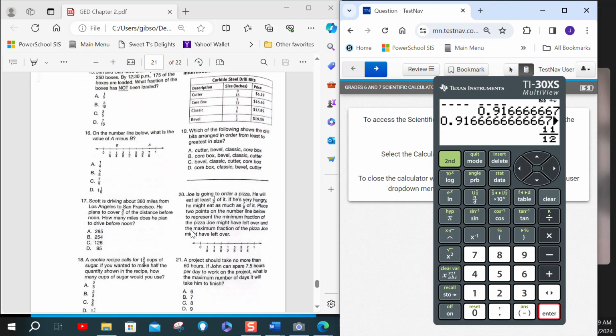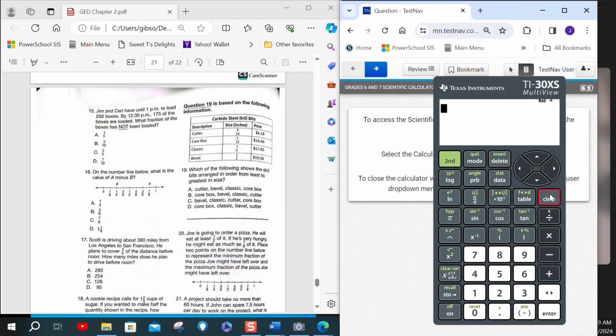Okay, now we come to the next page here. We press clear. It says Jim and Carl have until 1 p.m. to load 250 boxes. By 12:30, 175 of the boxes were loaded. What fraction of the boxes has not been loaded? So what you have to do is take 250 minus the 175, because that's how many they will have left. So they have 75 left they need to load.